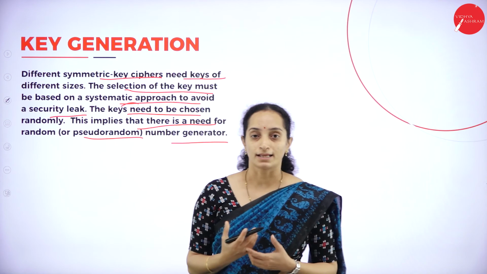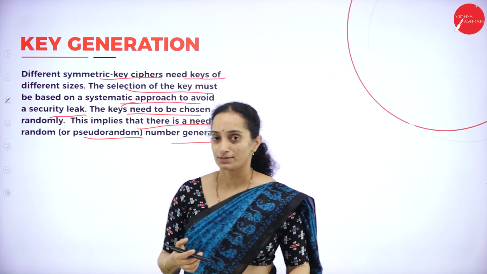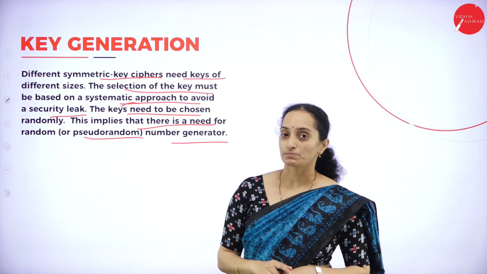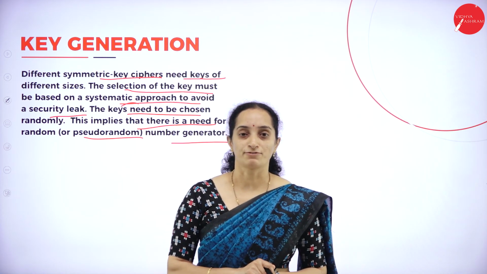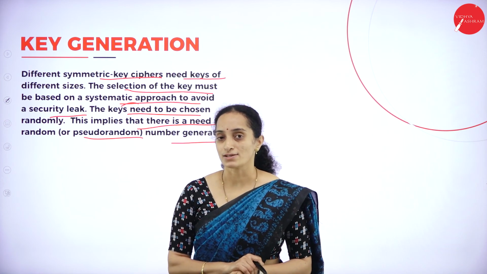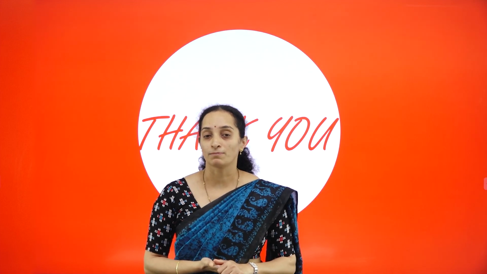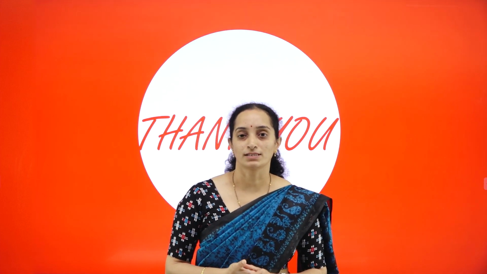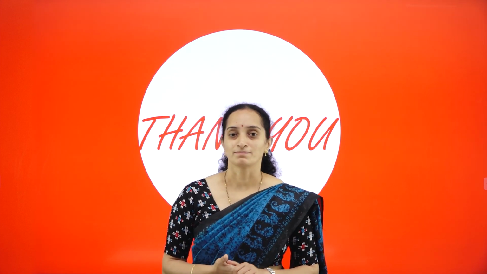We use the number generators to randomly generate the key. Okay, so this is about the use of the stream and block ciphers in either DES or AES. The next session will be all about the issues in modern symmetric key ciphers. Okay, thank you.